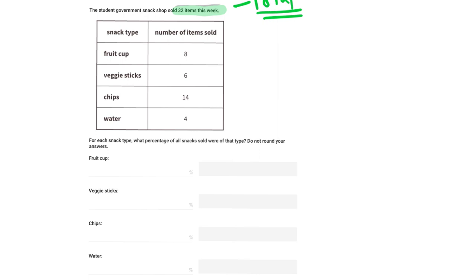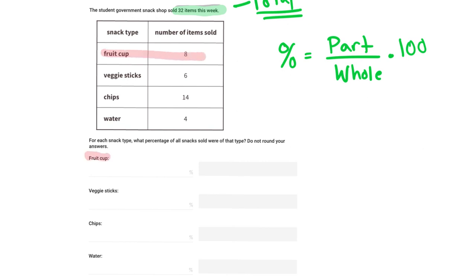So remember, to find the percent, it is equal to the part over the total, or the whole, times 100.